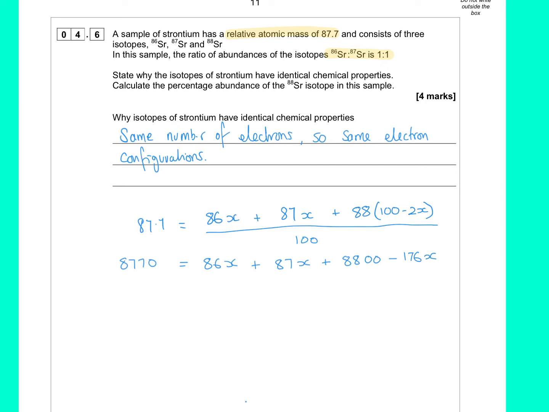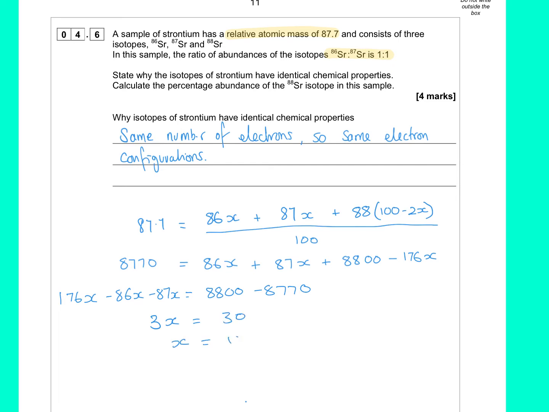Okay, and then if we group the numbers together on one side and the x's together on the other side, we're going to end up with 3x is equal to 30.